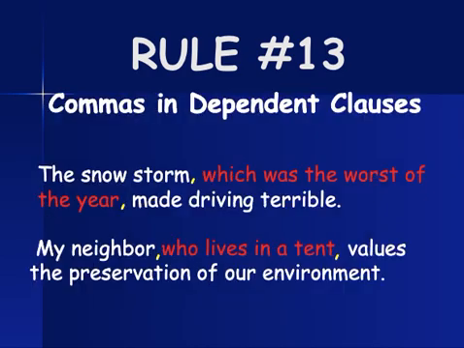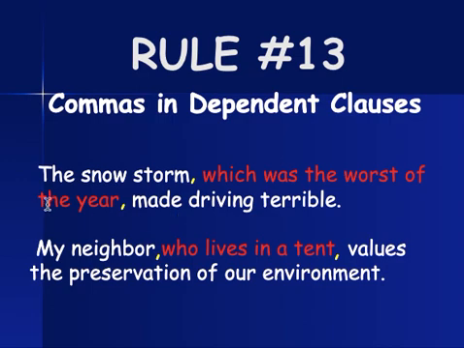Okay? Here's another example. "The snowstorm, which was the worst of the year, made driving terrible." Right here, the dependent clause is inserted right in the middle of the sentence. By itself, it's not enough to stand. If you just simply said "which was the worst of the year," that would have no meaning for the reader.